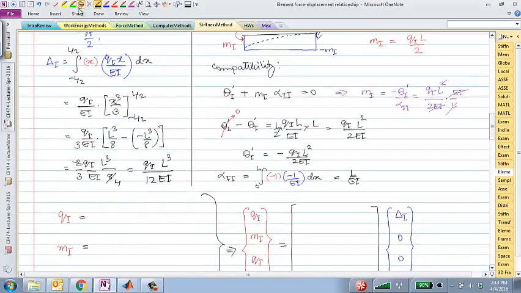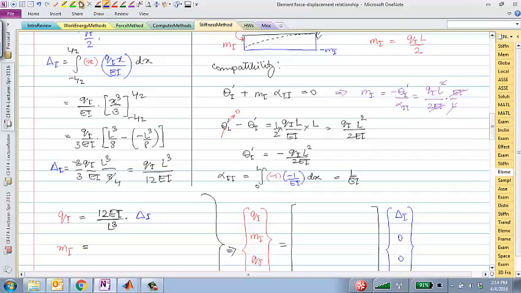We have QI, and we have related QI to delta I. So I'll write that relationship right here. QI is equal to 12 EI over L cubed times delta I. Okay.